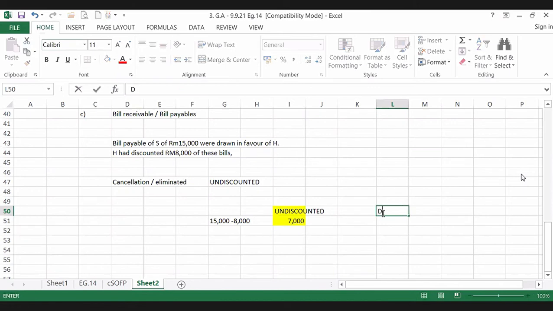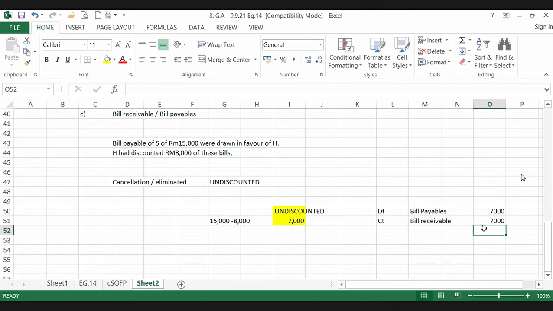So therefore, debit bill payable, because payable is a liability. When we would like to eliminate, you have to debit. And then P receivables 7,000. So I hope that everyone keeps a note about this one.